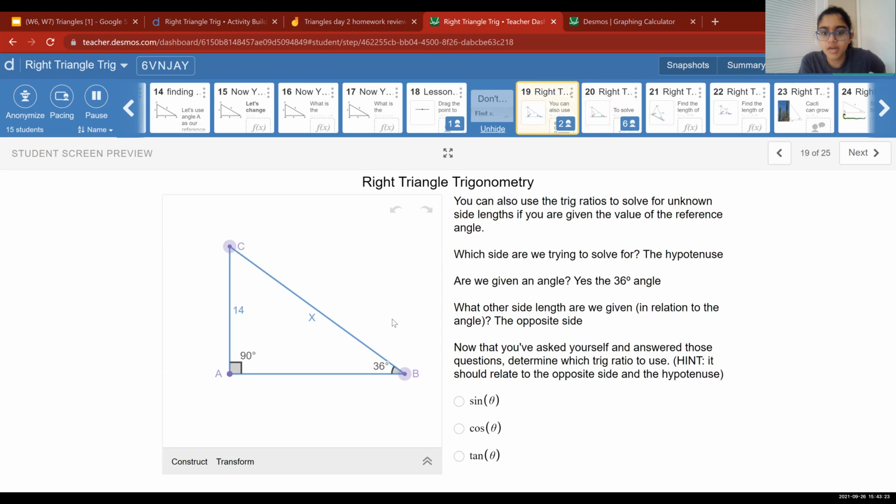We're trying to solve for x given 36, and we have 14 over x. So what trigonometric function uses both the opposite side and the hypotenuse? Is it sine? Yeah, it's sine. So we would use sine theta for this. Okay, thank you. You're welcome.